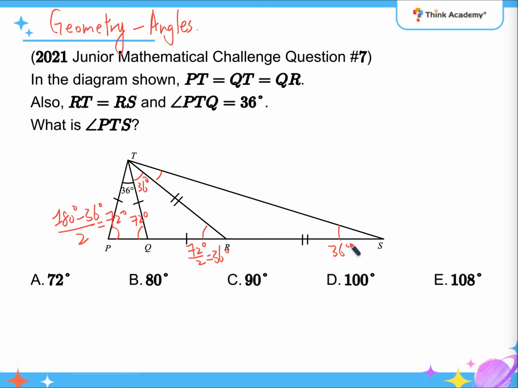So each of them is 36 degrees divided by 2, which is 18 degrees. So as I said, this is a very important theorem. Please remember that. So the angle PTS is going to be 36 degrees adding 36 degrees, adding 18 degrees, which is going to be 90 degrees. All right. So C is the answer to this question.